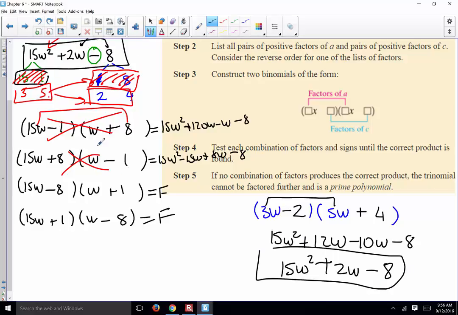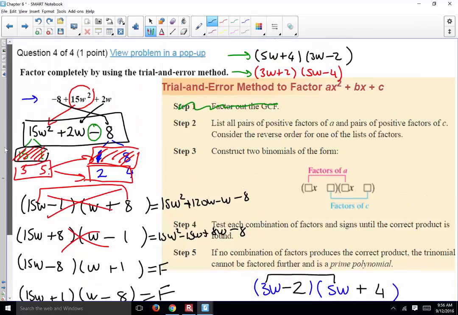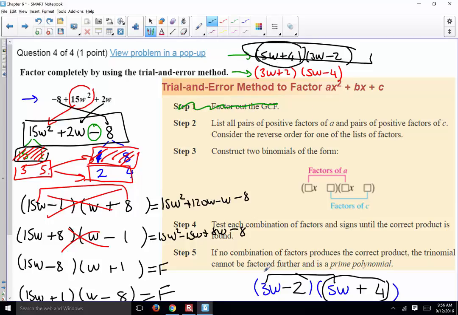Same, right? So we found the right answer. Which one is it? It looks like this is false, is it? No, it's the same. 5w plus 4 on this half, 3w minus 2 on this half, this is the right one.